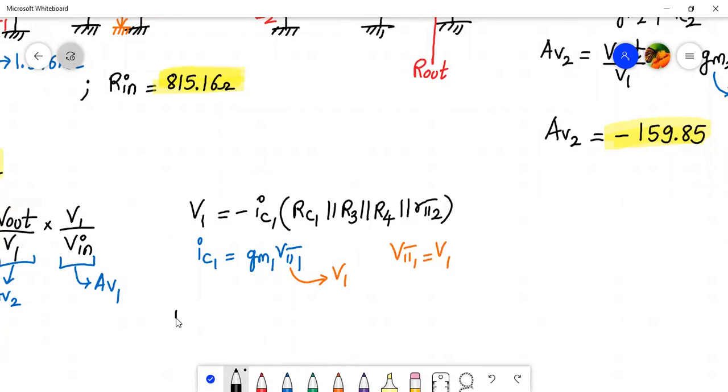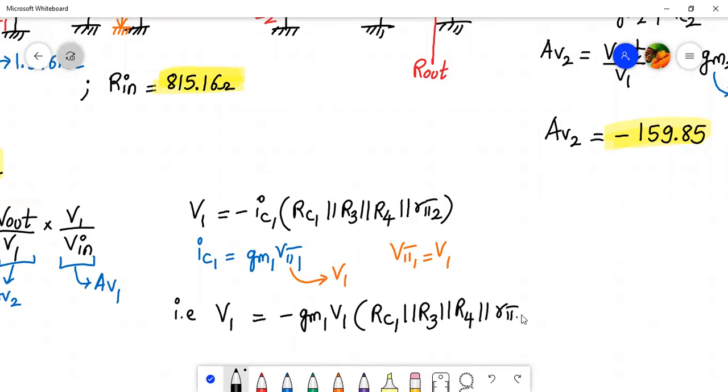Now we'll write the expression of V1 again. V1 is equal to minus of IC1, which is gm1 into V pi 1, into RC1 parallel to R3 parallel to R4 parallel to R pi 2.